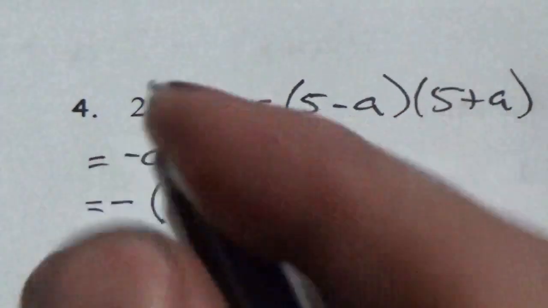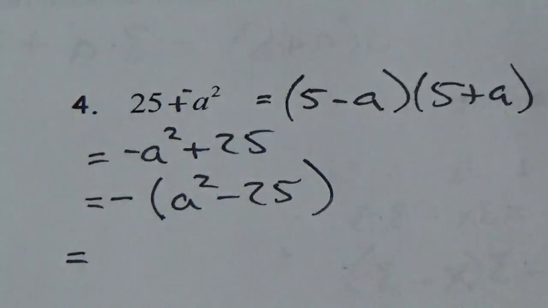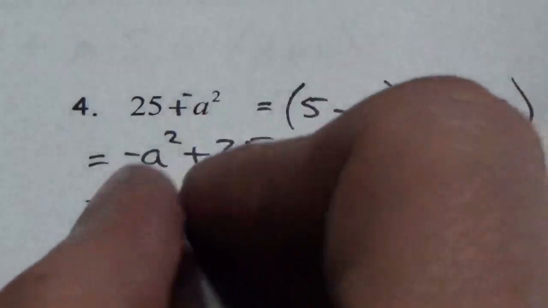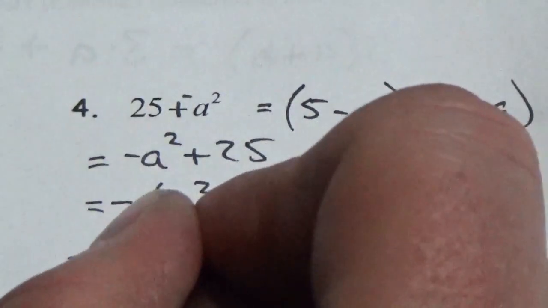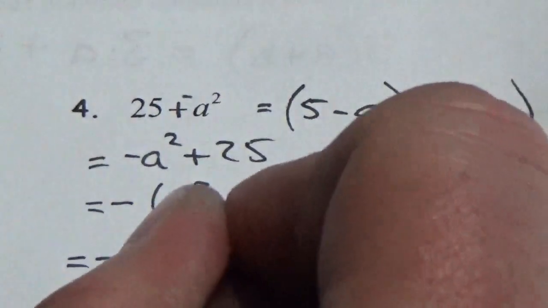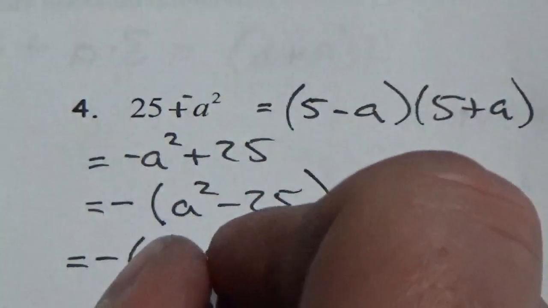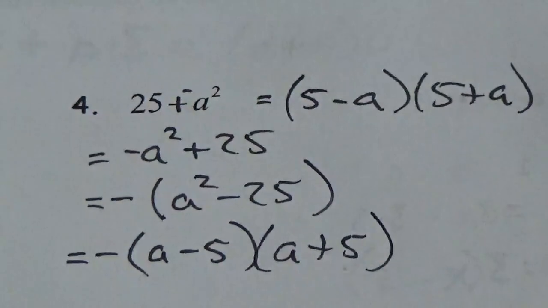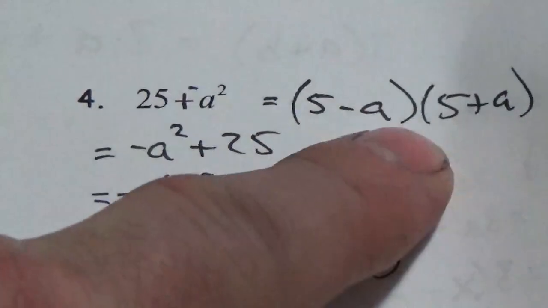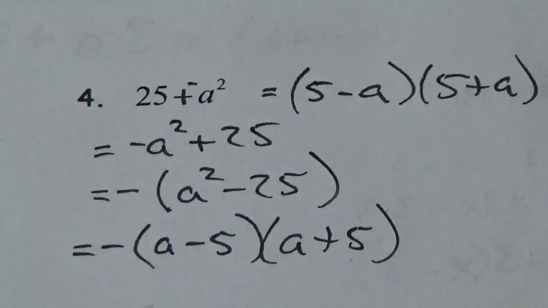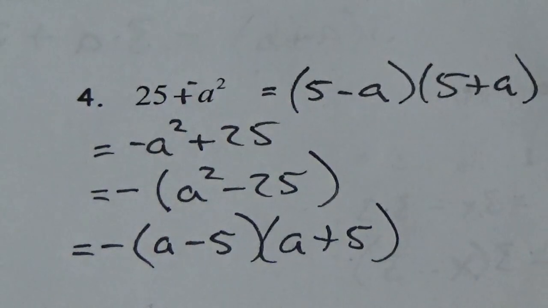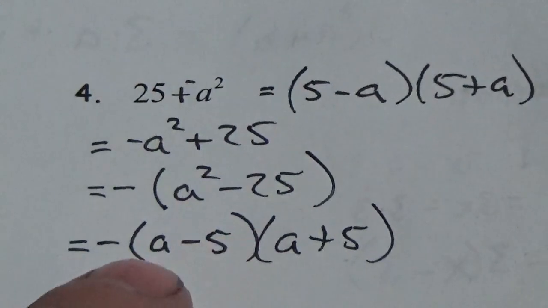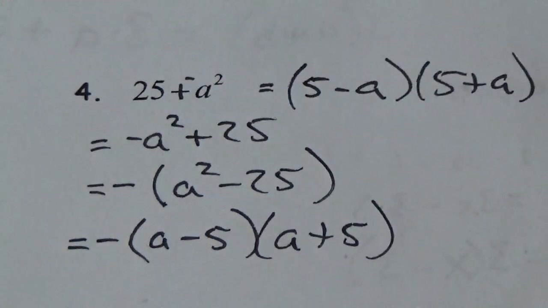So this is going to be minus a squared minus 25. Now it's still a difference of squares, but the square root is now going to be a minus the square root of 25, which will be 5, and then a plus 5. I think this looks better than that. Okay, and I already know there's going to be a lot of people out there that would agree with me on that. That it looks better to lead in these expressions with the variable.